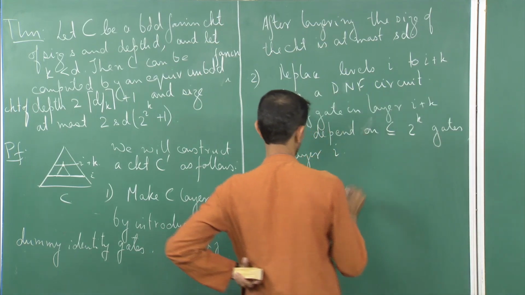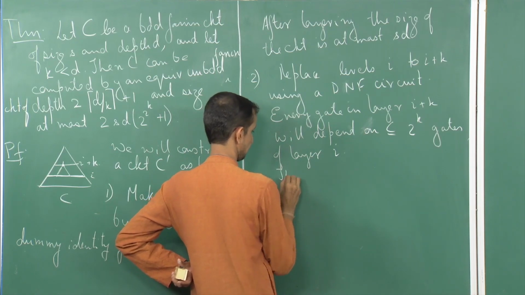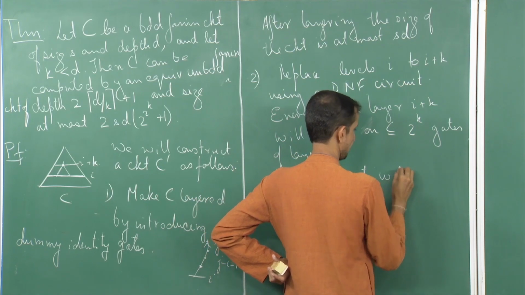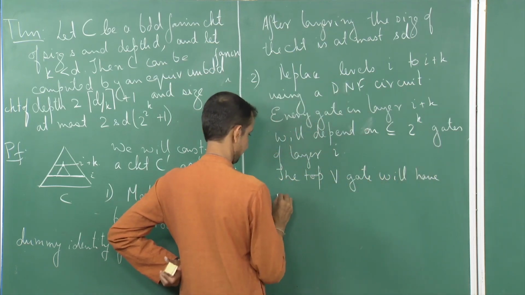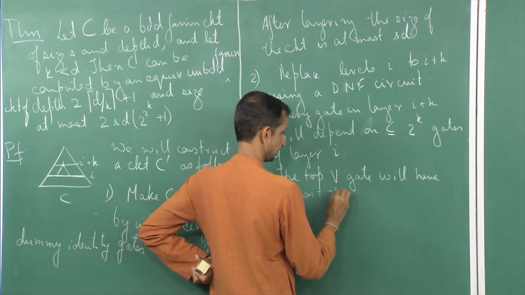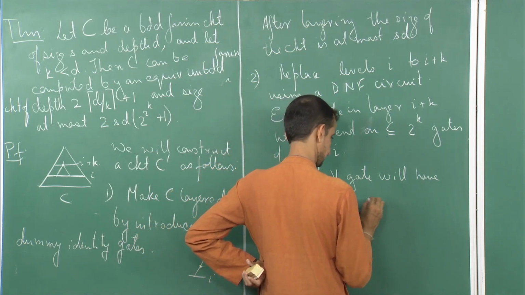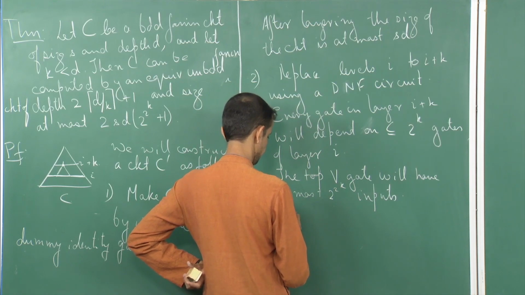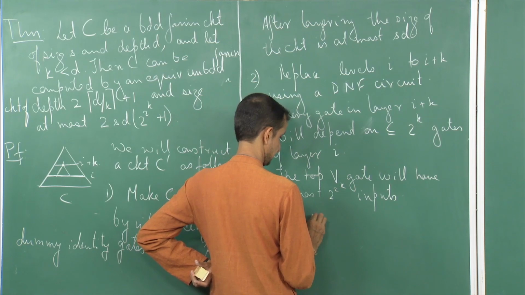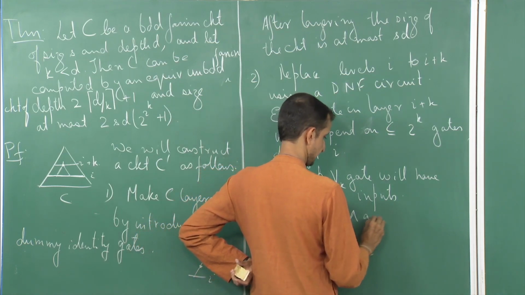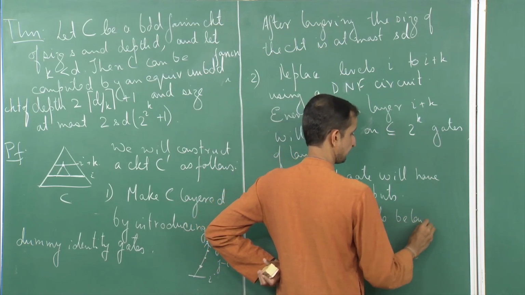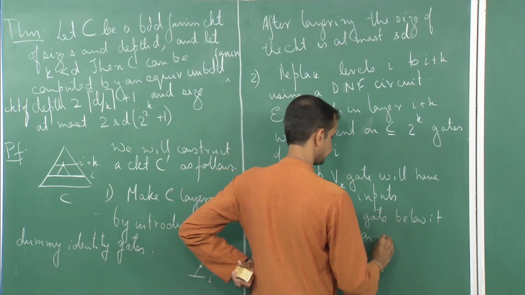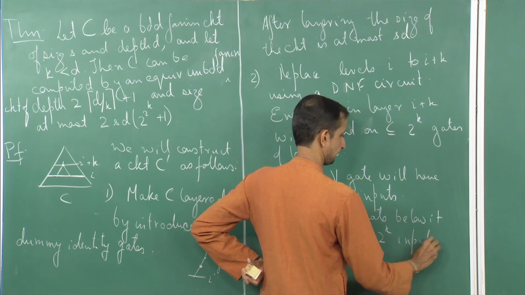Let me write this down. The top OR gate will have at most 2 to the power k inputs, and every AND gate below it will depend on at most 2 to the power k inputs.